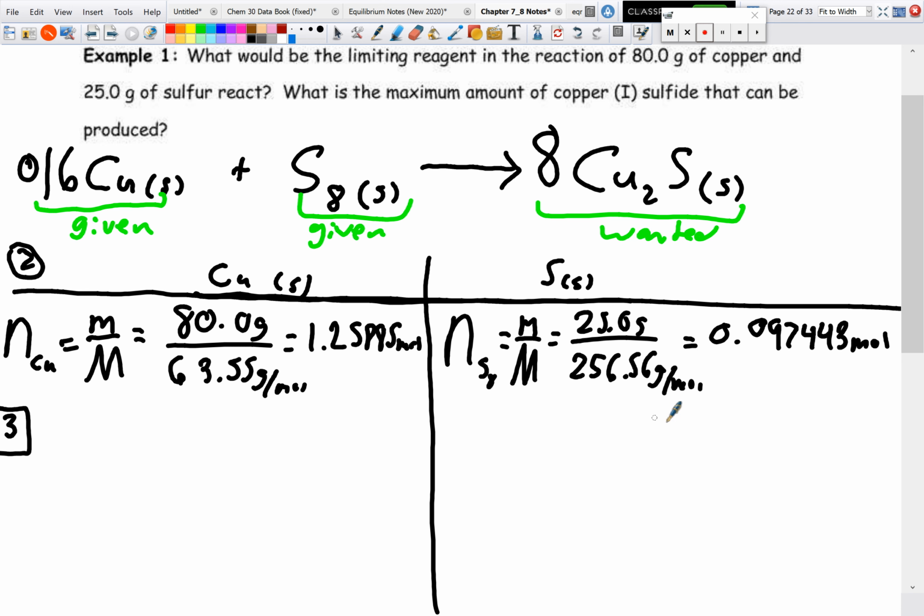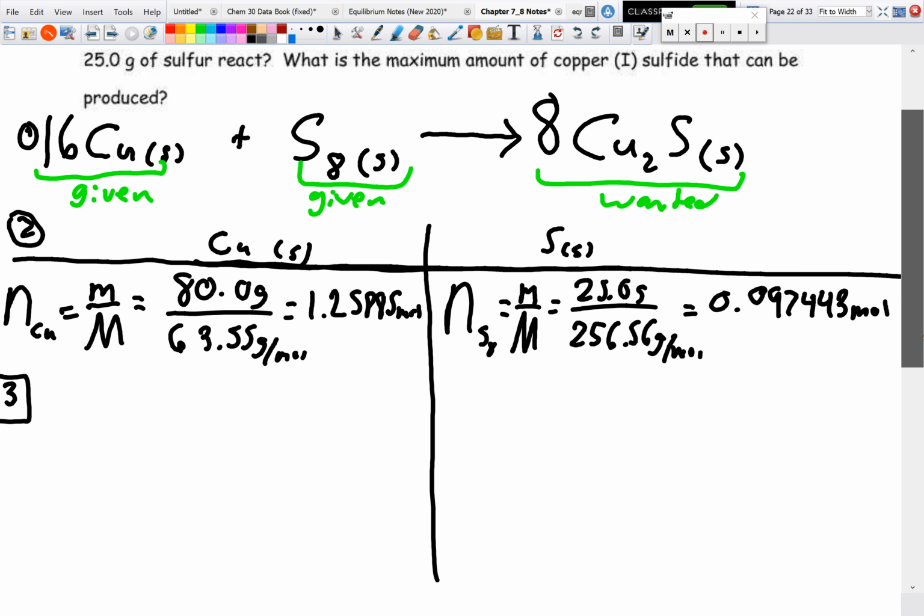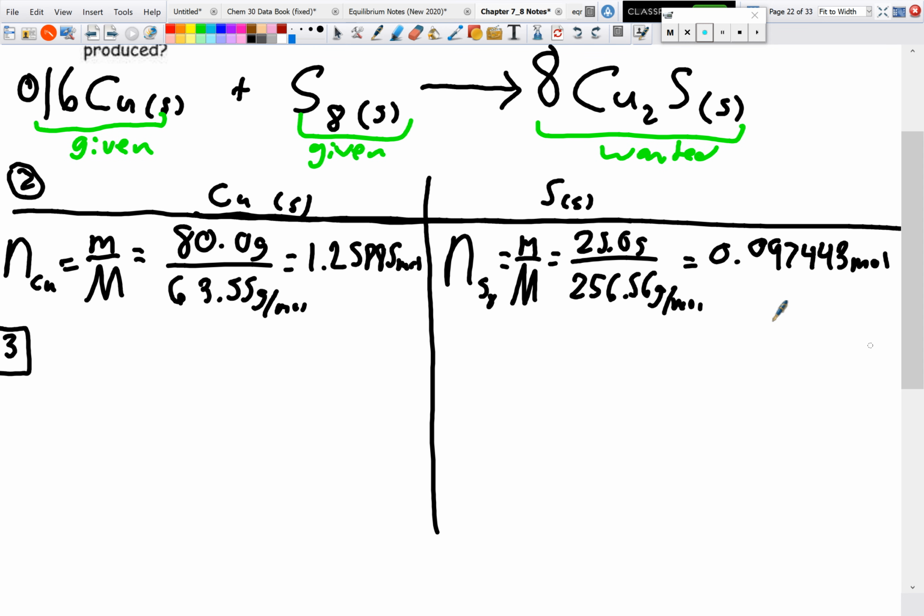Now step 3 is find the number of moles of our wanted using the mole ratio. So because we have 2 givens, both copper and sulfur, we're going to do this calculation twice. So remember our formula, number of moles of wanted is equal to number of moles of our given, in this case copper, times our mole ratio, and same thing for sulfur, but we'll get to that later.